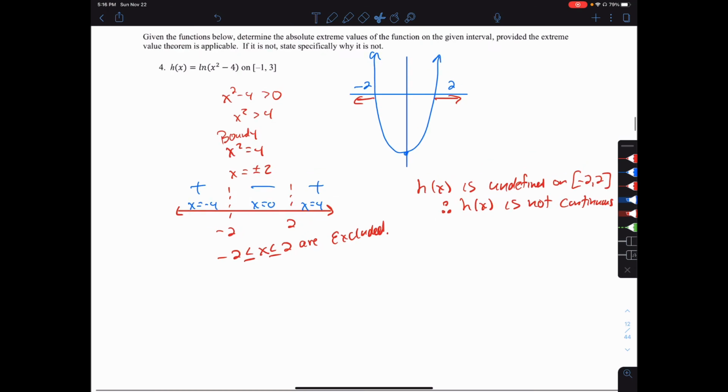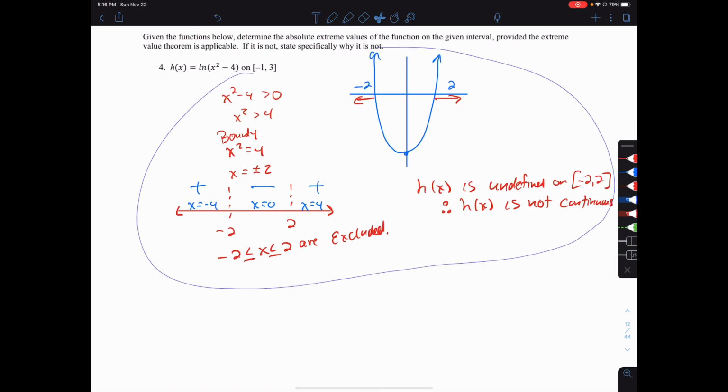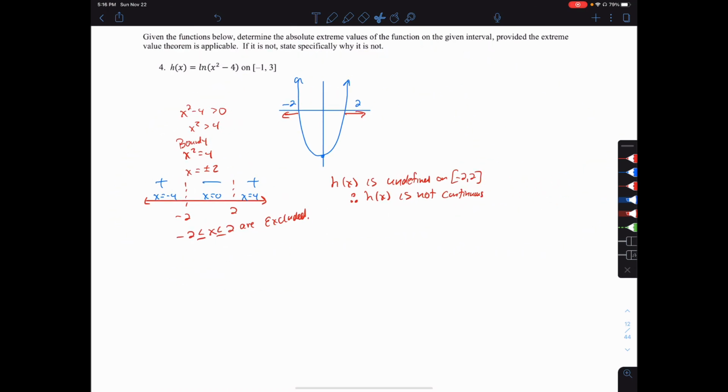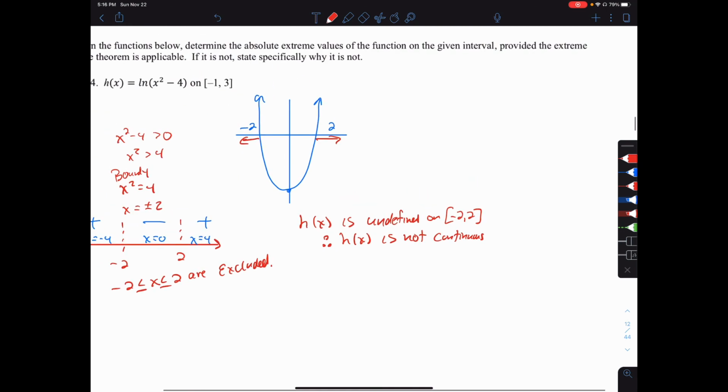I appear to have written too large for this. h of x is not continuous on this domain up here, negative 1 to 3 inclusive. Therefore, the extreme value theorem does not apply.